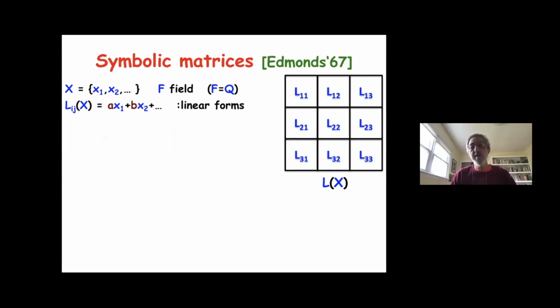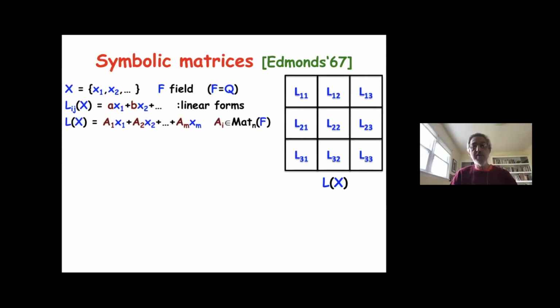We had symbolic matrices with variables in every entry. Suppose we just put a linear form in a set of variables in every entry and ask about the determinant. We are working over a field. For us, the field will be the rationals or the reals or the complex numbers.